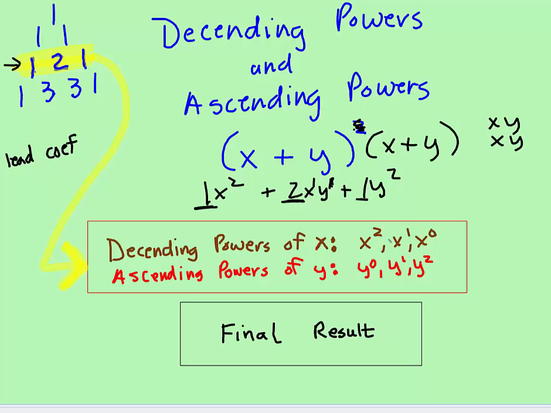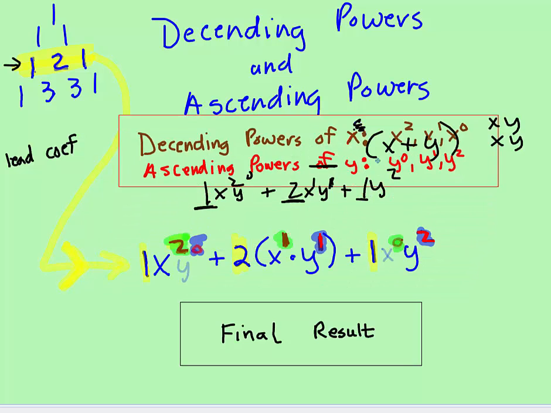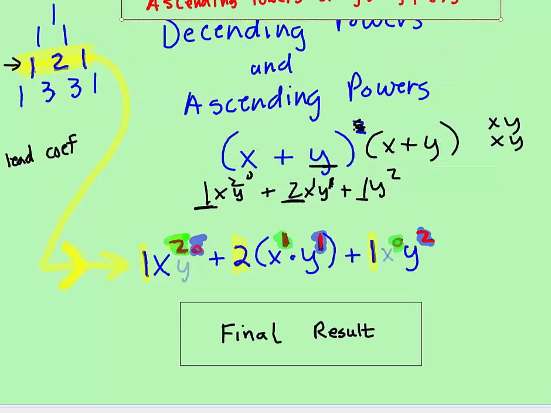So x squared, x to the first, x to the 0. The second term is going to be in ascending order of powers. So it'll be y to the 0, y to the first, y to the second. So this is how you could show that.